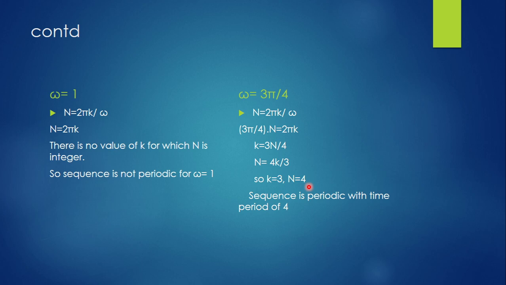In a discrete signal, frequency can vary in the range of 2 pi only. After that, it repeats itself. But not in the case of the continuous signal. The second difference is, in discrete signals, we cannot have any value of the frequency for the signal to be periodic. But in continuous signals, you can have any value of the frequency for it to be periodic.